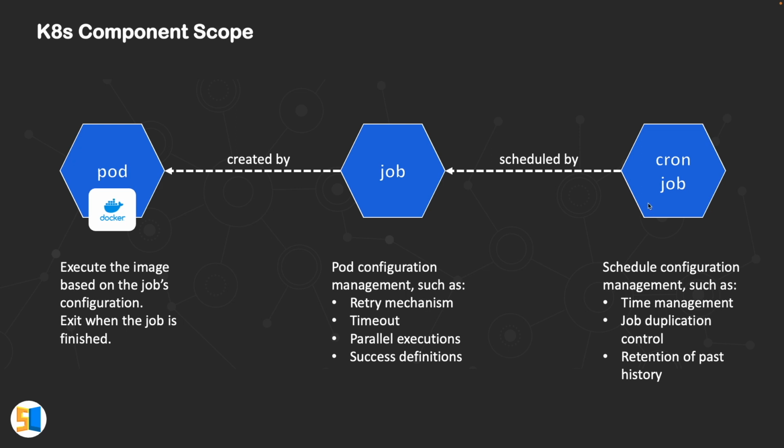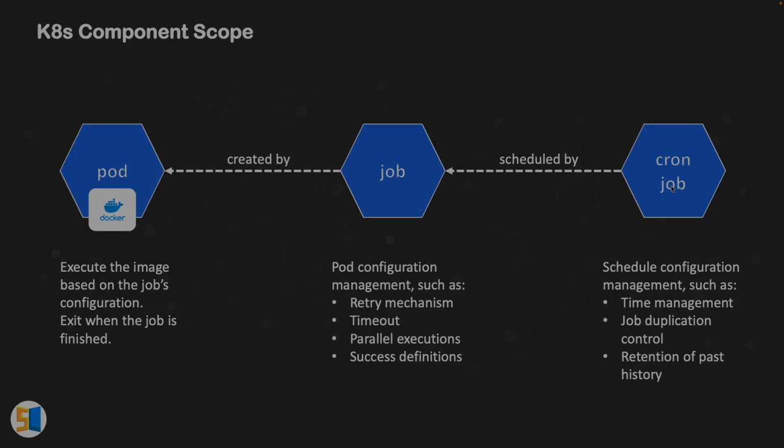So these are three components that play important roles in creating cron jobs. Later on, when we are looking at the configuration file, we will be able to see which configuration belongs to cron jobs and which configuration belongs to job. Right. So this is the Kubernetes component scope for creating cron jobs.